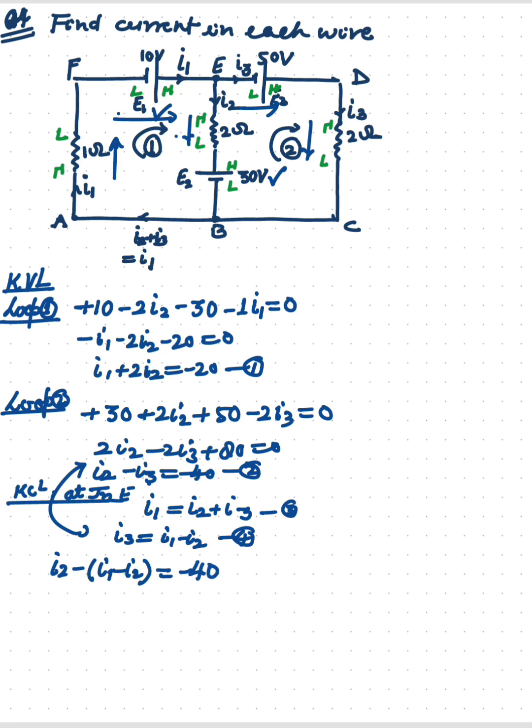Clear? Now let's solve this. So what we will get finally? We will get minus I1 plus 2 I2 equals to minus 40. So this is equation number 5. Now simply add this equation 1 and equation 5. So equation 1 plus equation 5, we can do this.